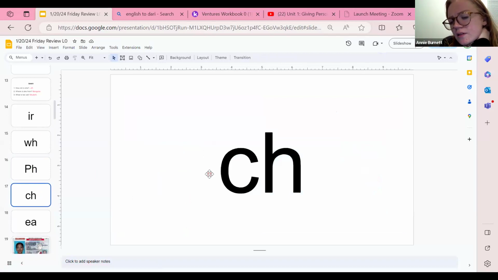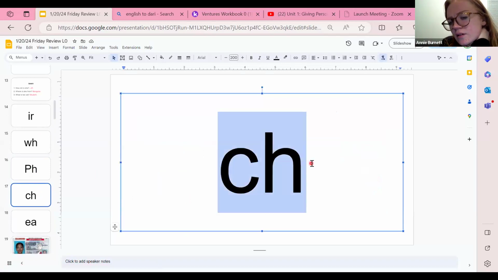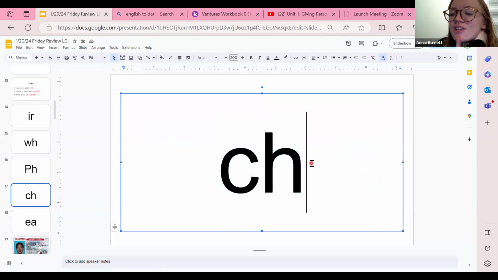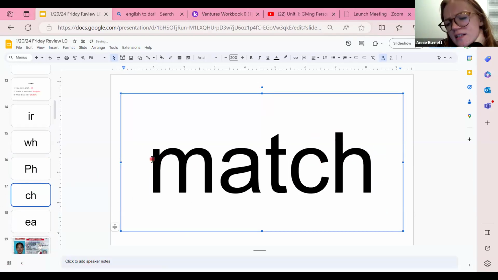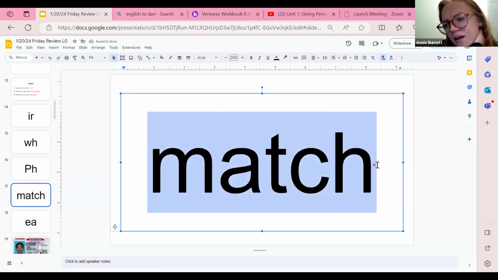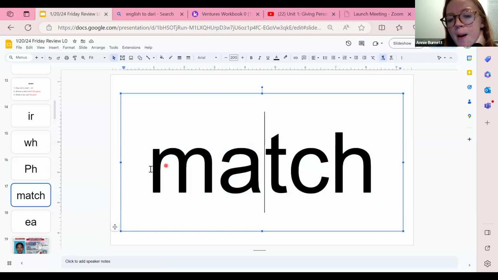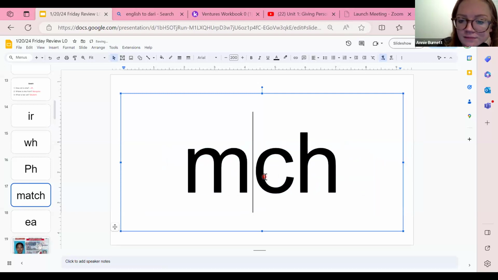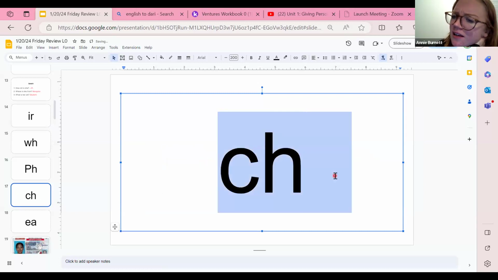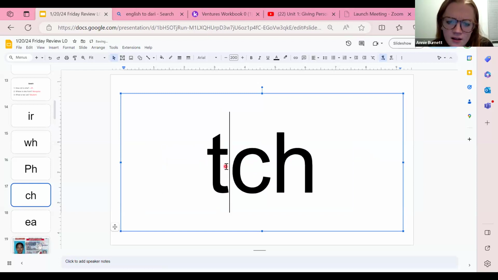What sound? Ch, ch. What does this say? Match. Match. What does this say?